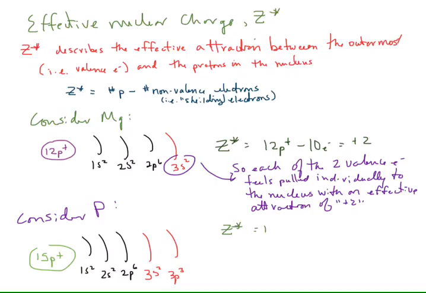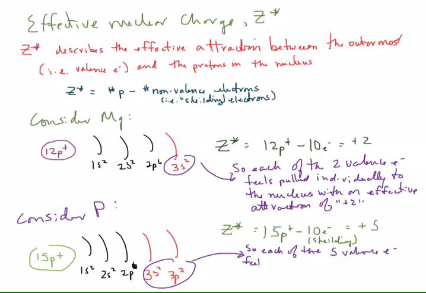So we come up with an effective nuclear charge of the nucleus of the phosphorus atom. We take the 15 protons and we subtract the 10 shielding electrons. Now notice that for magnesium and phosphorus, they have the same number of shielding electrons. So we have an effective nuclear charge of plus 5. So the valence electrons in 3s2, 3p3 are seeing a pull of plus 5, which is a more attractive force than the plus 2 for the magnesium.